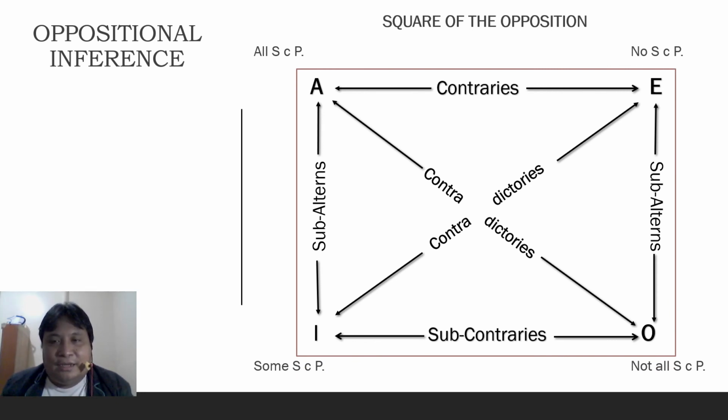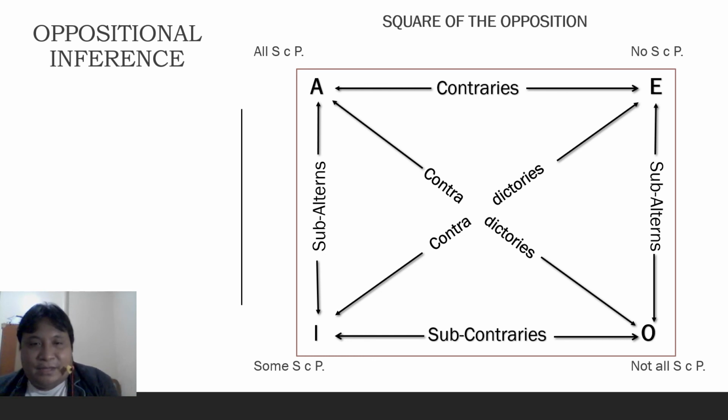A and E, or E and A, are contraries. On the subcontraries, these are propositions I and O, or O and I; they are also subcontraries.